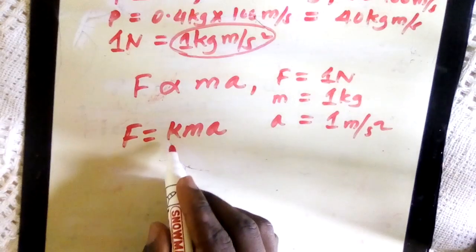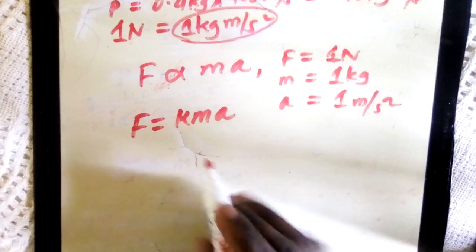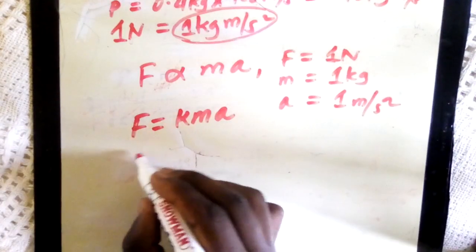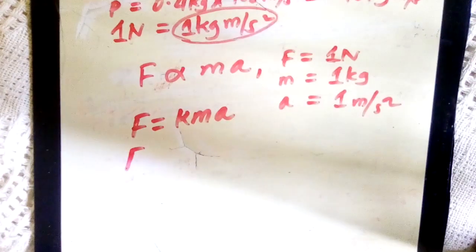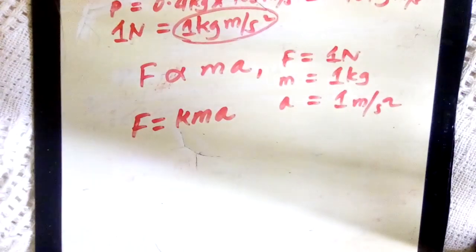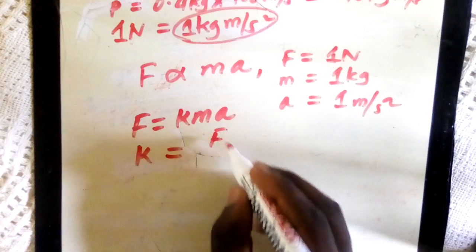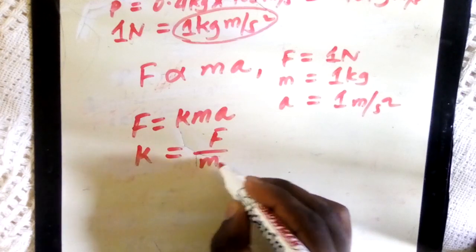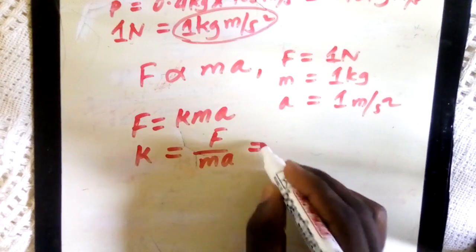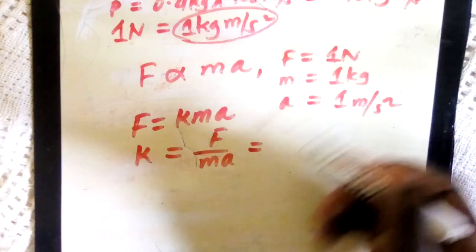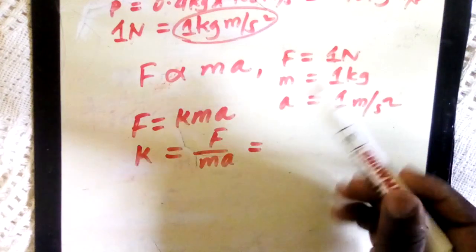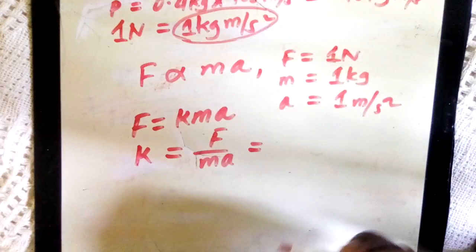Now let's make K the subject. Making K the subject, we end up with K being equal to force divided by mass times acceleration. So let's plug in these values that we have for the force, mass, and the acceleration.